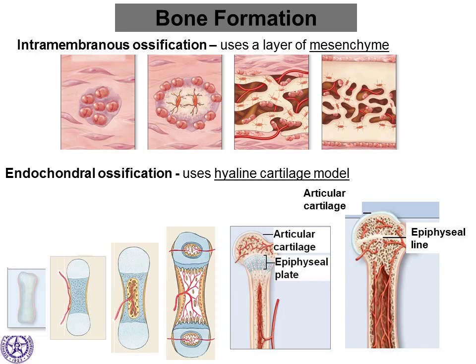You need to understand the difference in these. You need to understand which bones undergo which type of osteogenesis and the steps of each. I can promise you, you will see test questions about this. Have I lied to you yet? If I tell you it's going to be on the test, it's going to be on the test.